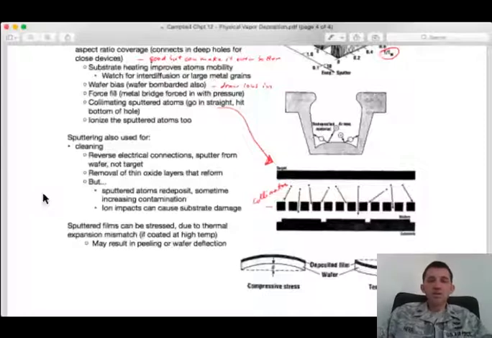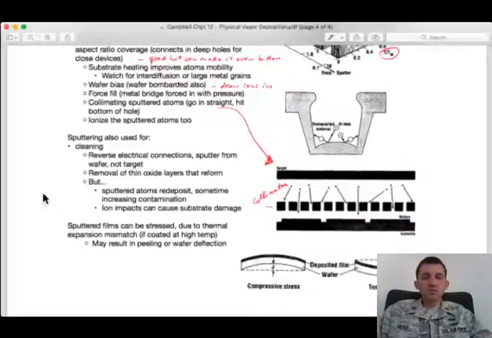So I have smaller devices, but I still have the same thickness, which drives these channels, these interconnect regions, to be narrower and have a higher aspect ratio, which makes it all the more important to have better step coverage to get those metal atoms down in there to cover that high aspect ratio feature.